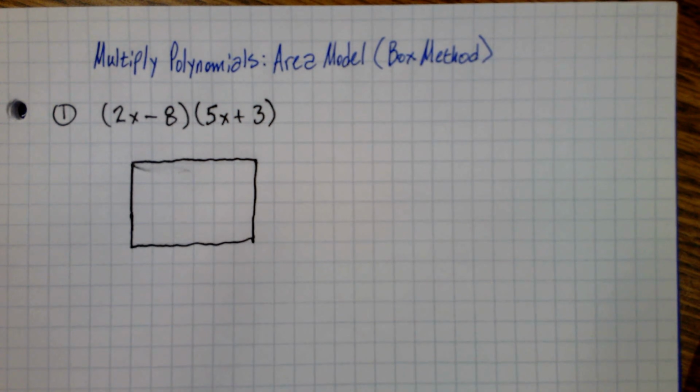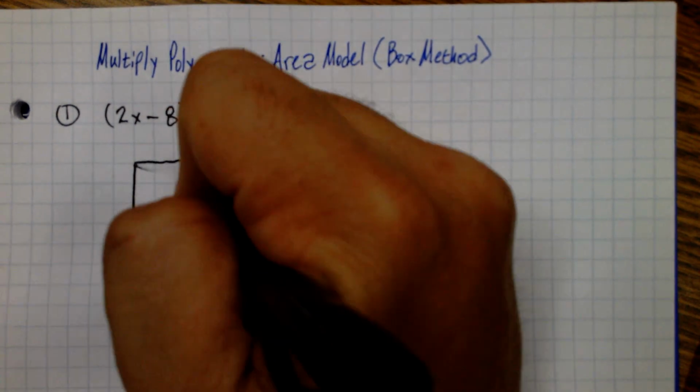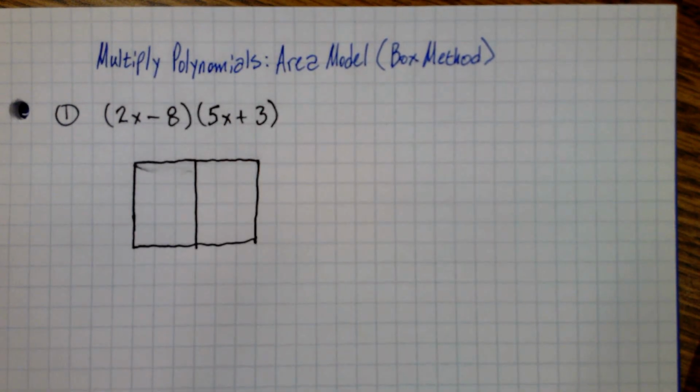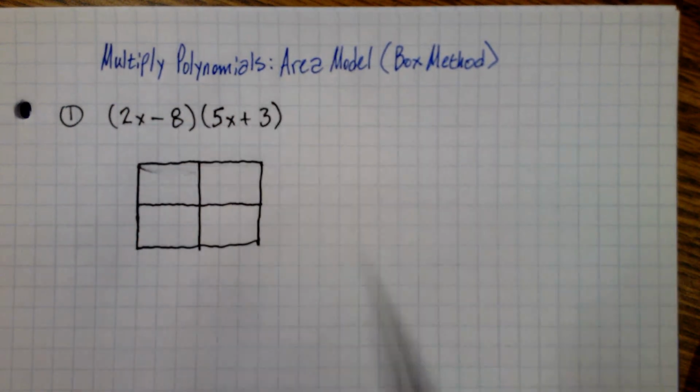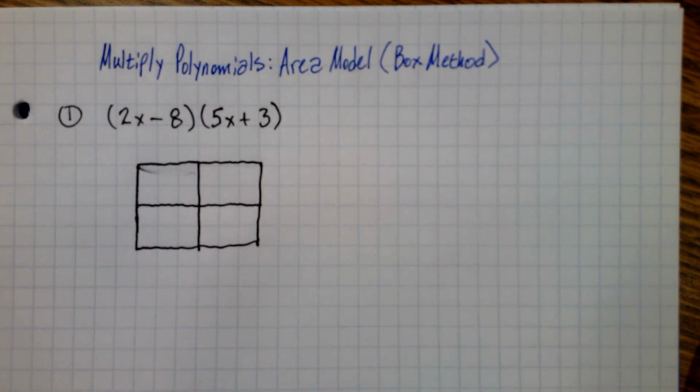Split it in half. That's 2 columns and 2 rows. Okay, so this is going to serve as where we're going to put in our results.